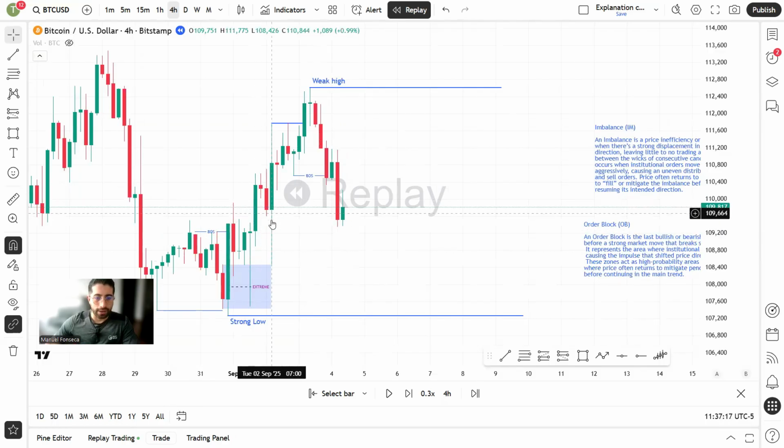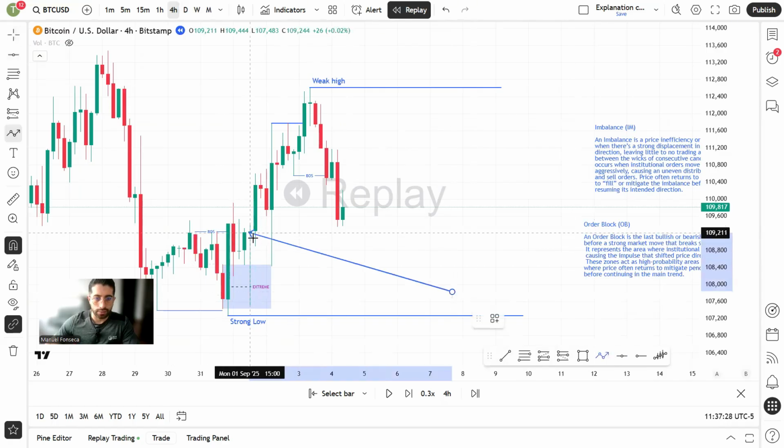In a lower time frame, for example, we are in a 4-hour time frame, correct? If you can analyze these candle wicks right here, they are created in 4-hour time frames.